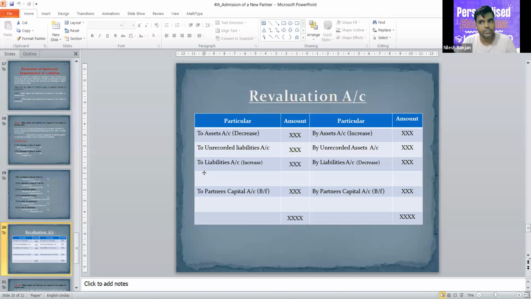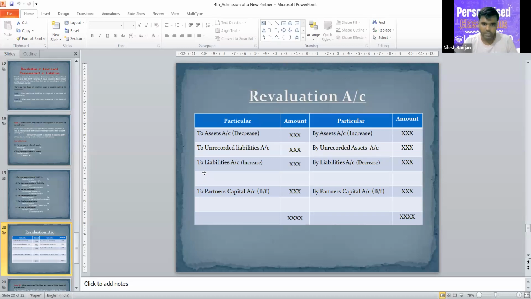We don't consider the old value or the new value of any assets or liabilities. We just use these two pieces of information to calculate the change in value, because we are calculating profit or loss due to change in value of assets or liabilities. That's why we only consider the change in value of assets.